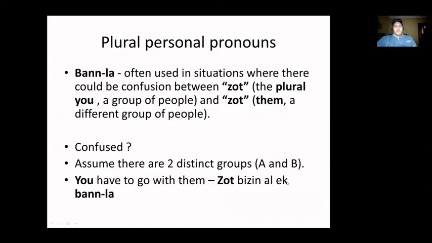Now, banla is often used in situations where there could be confusion between zut, the plural personal pronoun you, a group of people, and zut, them, a different group of people. It might sound confusing, but assume you have two groups of people and you have to make a distinction between those two groups of people.